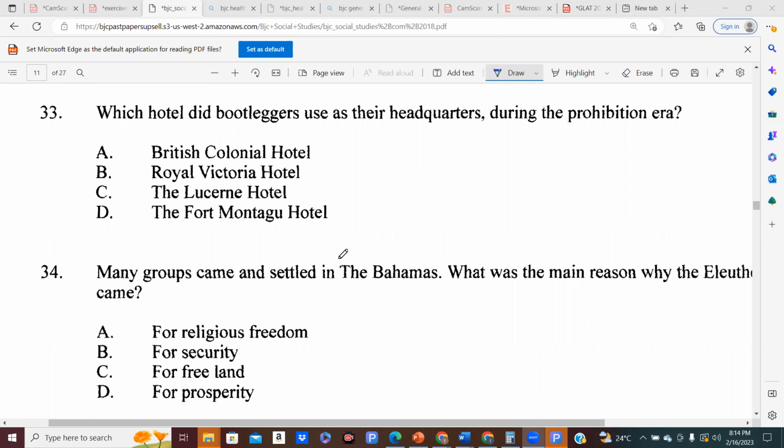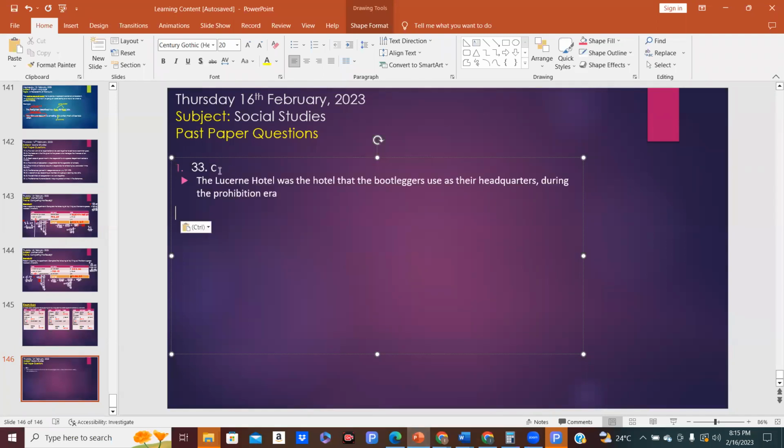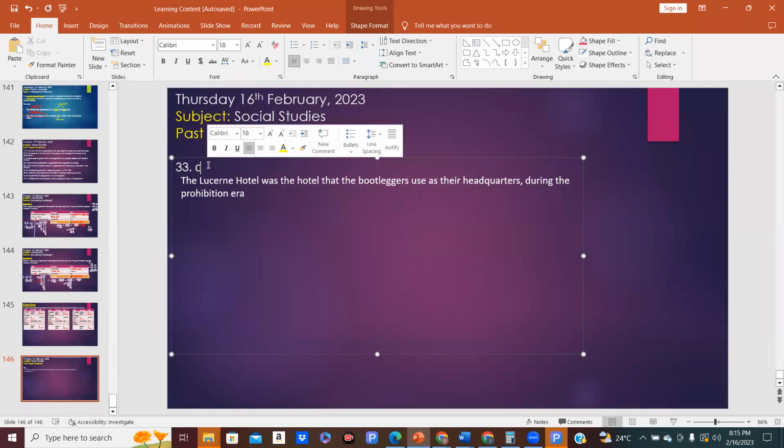All right, well, your guess is actually accurate. The Lucerne Hotel was the headquarters for the bootleggers during the Prohibition era. Okay, so let's write that down. Number 33 is C. Right.